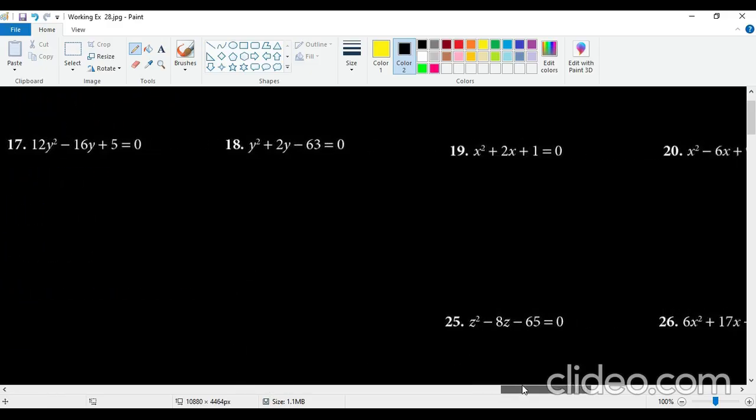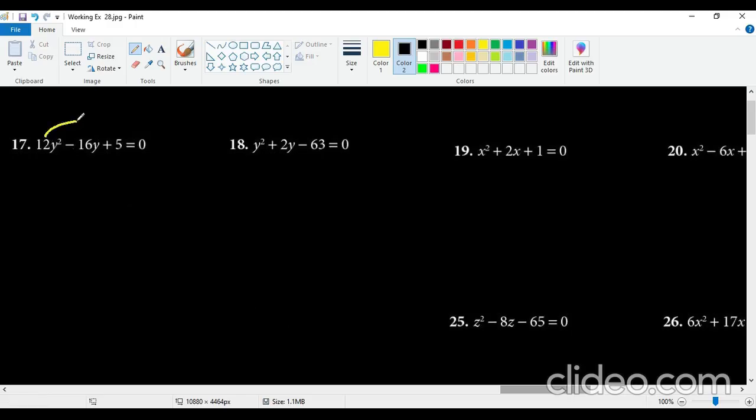In here I can see that 12 times 5 is a 60. So we'll find out the factors of 60 in such a way to give us a negative 16. So 10 times 6 is a 60, and I will write minus 10 and minus 6 to make it minus 16.